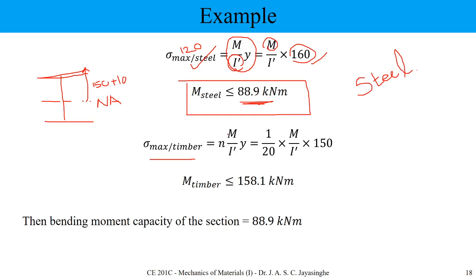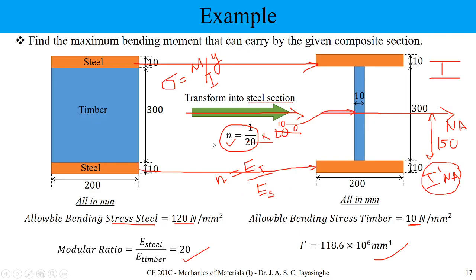When you come to timber, we convert this whole section to steel. So if you work with timber, you need to put n in front. So n is 1 over 20 and into this one 150. So when you work with the timber, be careful.